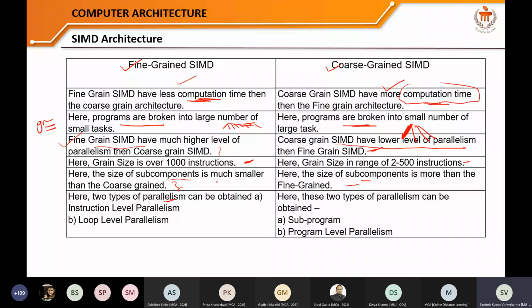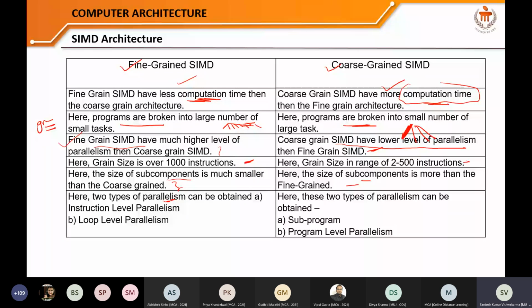The first is instruction level, ILP, or data level parallelism, or loop level. So we can achieve instruction level and loop level parallelism. In the second case, coarse grained SIMD systems, we can have parallelism in terms of subprograms, a much higher level of program level parallelism.